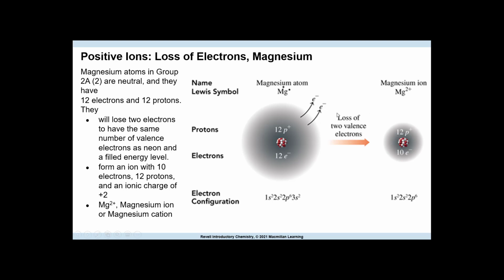Some elements lose more than 1 electron, and magnesium is one that loses 2 electrons. We haven't covered why yet. We will. That's why you actually see these dots here, which we haven't covered yet. But I want you to focus on this. We have 12 protons and 12 electrons. If we lose 2 electrons, you see it actually visually goes smaller too. But we have 12 protons still, but we ended up losing 2 electrons. There's an imbalance here, which creates a positive charge.